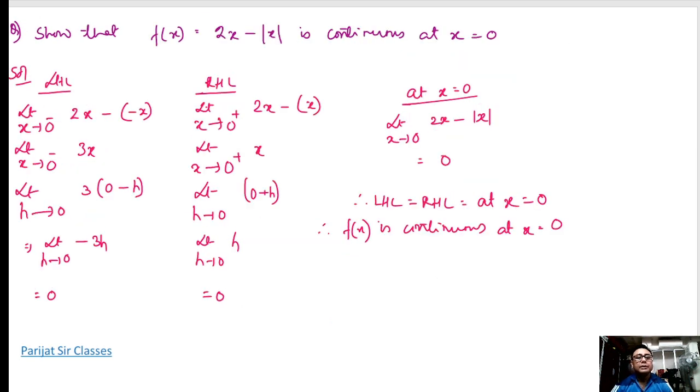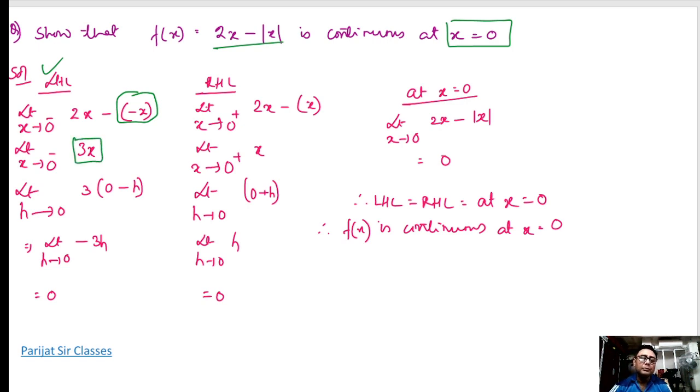Okay. So next, show that this function is continuous at x equal to 0. First of all, when we choose the left hand limit, that means less than 0, x will be taken as negative. So see how we are writing this part. This is our equation.